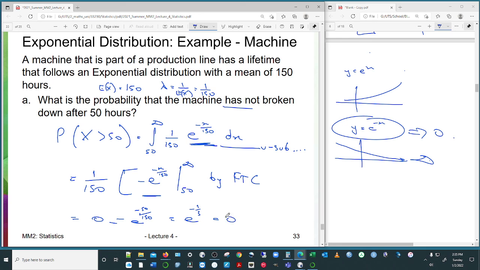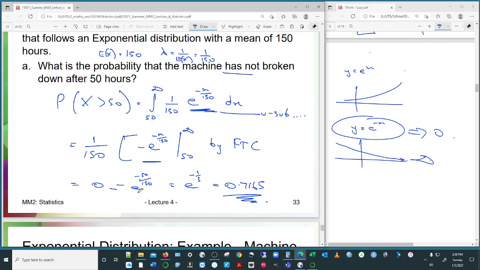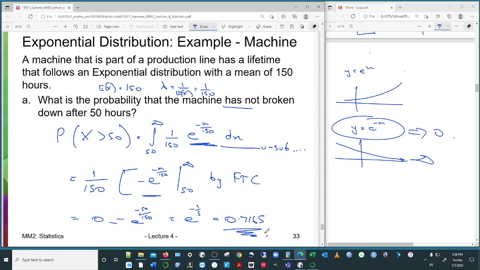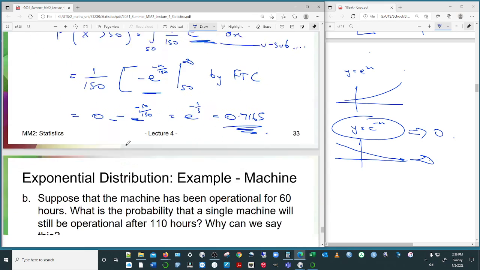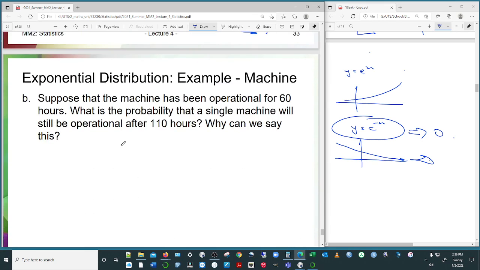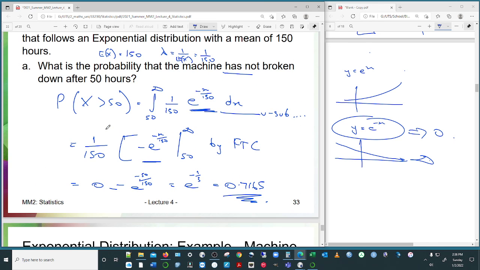Really, that's very important that you're able to do that in your career. So that's why I'm reintroducing it there, even though it's assumed and I shouldn't have to do it. But there you go. Alright, so there's our probability that the machine hasn't broken down after 50 hours. Again, probabilities are helping us to work out our means. That's probably important to be able to do that kind of thing, so I'll emphasize it.